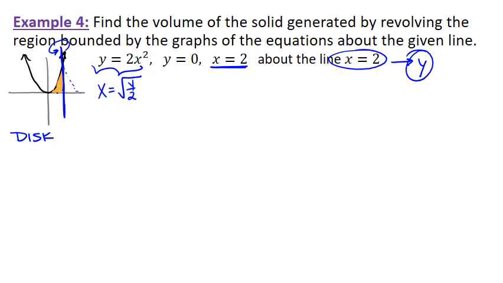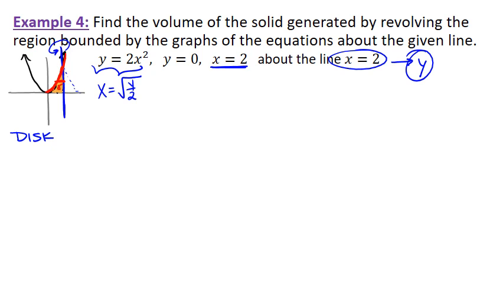Okay, so that's important. So I have the disk method, and if I'm dealing with the disk method, I'm just going to have one radius. So the radius is going to be from the axis of revolution to the outer portion of our function or our graph.